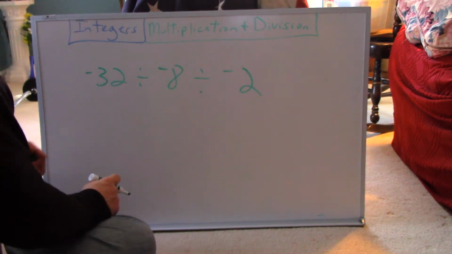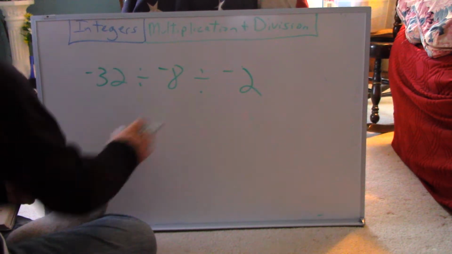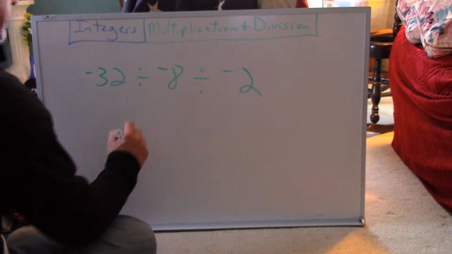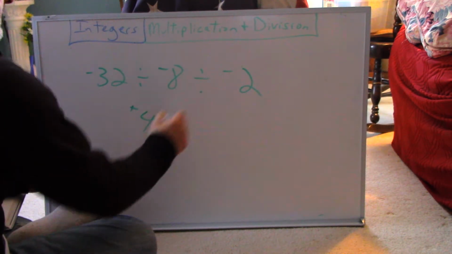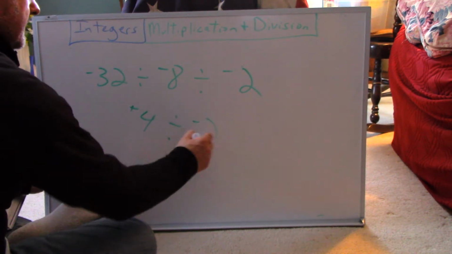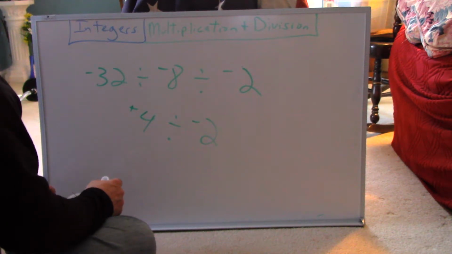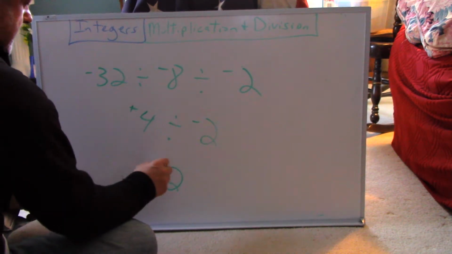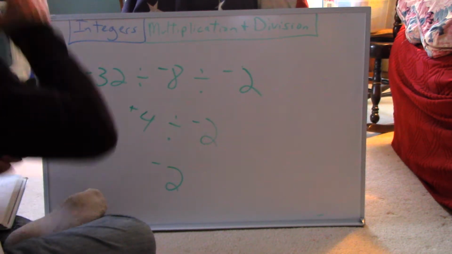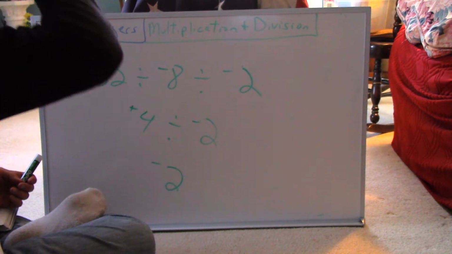Now, 32 divided by 8. 8, 16, 24, 32. That's 4. The signs are the same, so it's positive. Now we bring the rest of this down. It's negative. Divided by negative 2. 2 into 4 is obviously 2. They're different signs, so it's negative. So ultimately, you wind up with a negative 2.